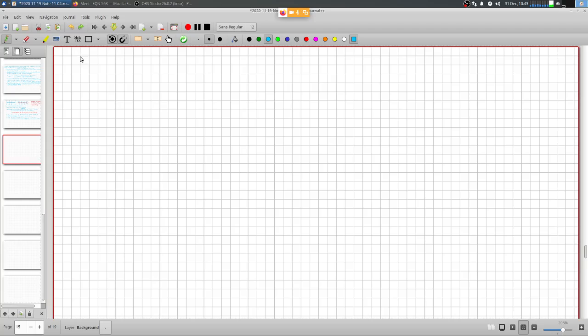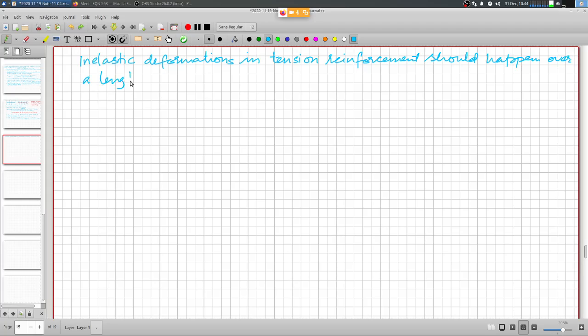So in a plastic hinge, the inelastic deformations in tension reinforcement should happen over a length, right?